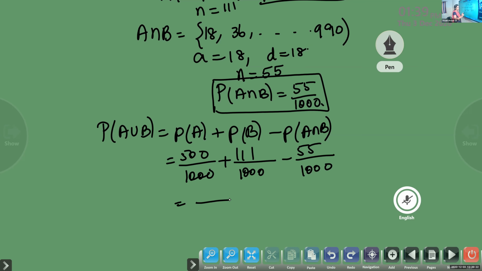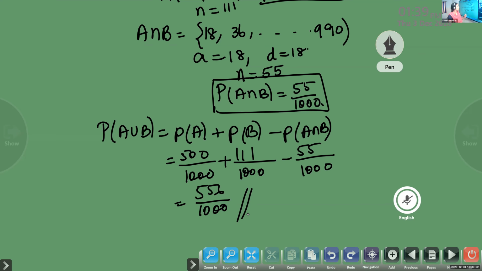Simplify this, and you get the numbers which are multiples of 2 or 9. What is the answer, Gayatri? 556 by 1000 is the answer.